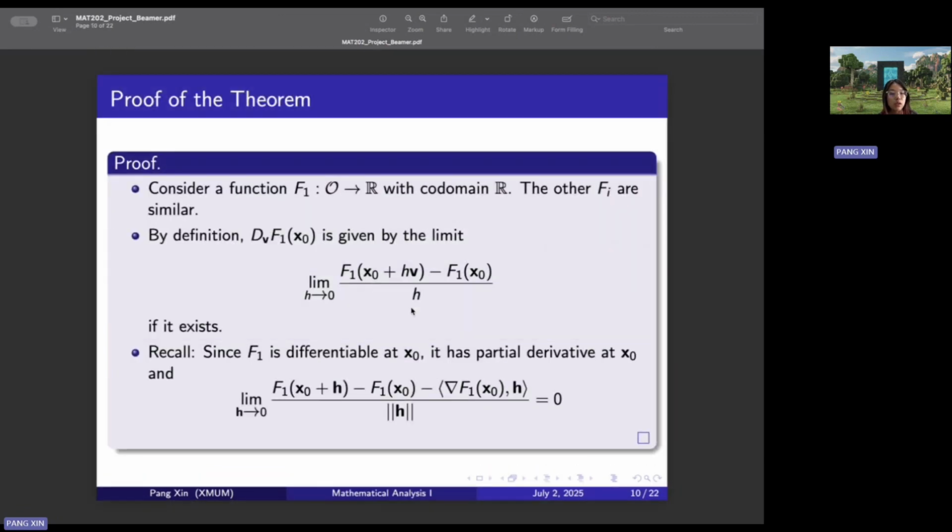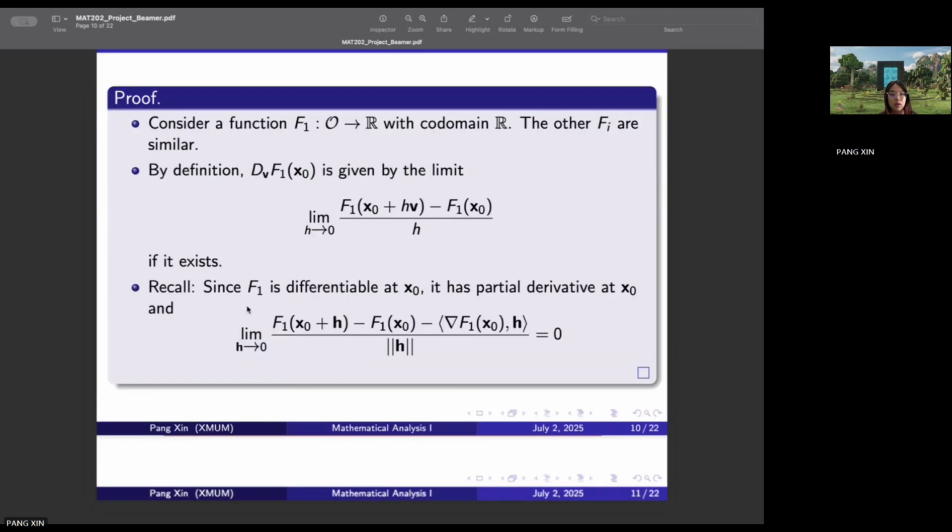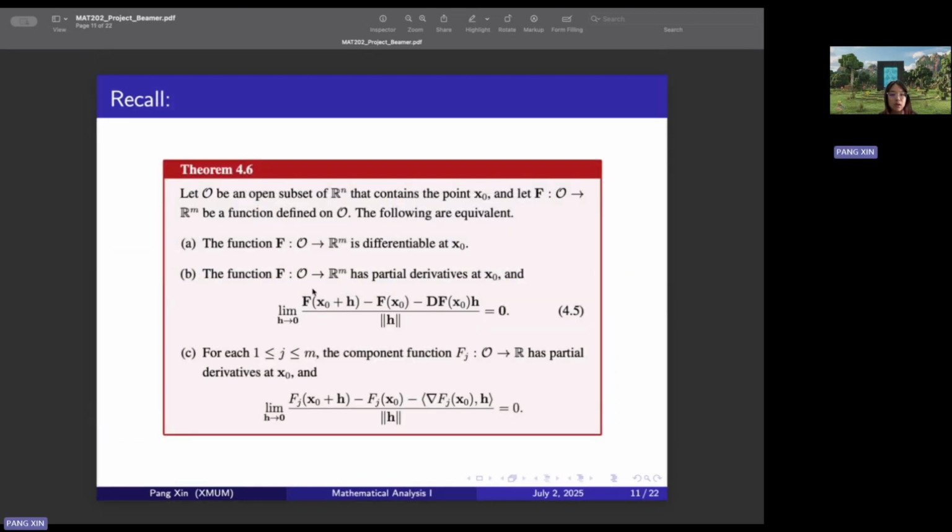So let's prove it. We just consider the case for f1, the others will be similar. By definition, we have the limit of D_v f1 if it exists, which is written as here. And recall that by a theorem we have learned before, if f is differentiable at x naught, each of the components will also be differentiable.